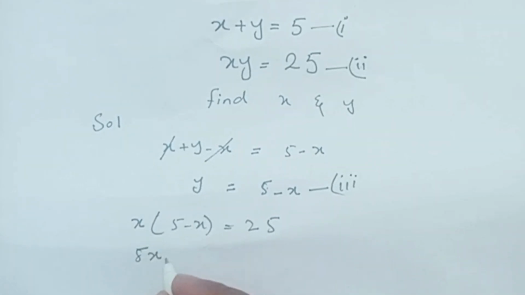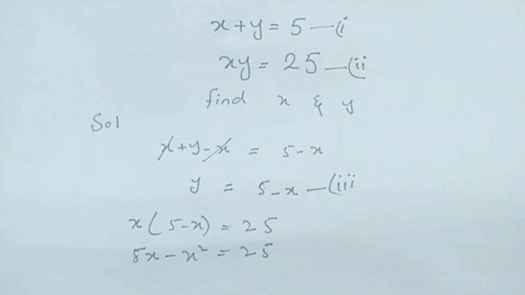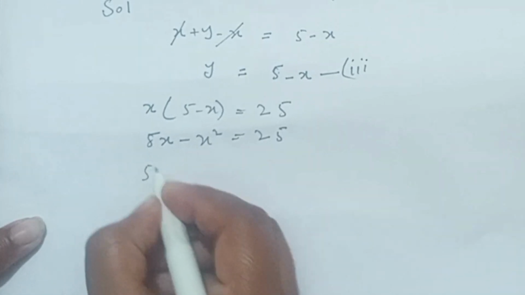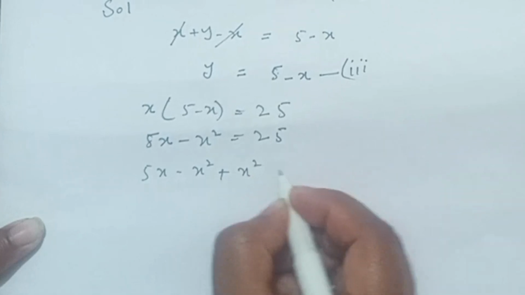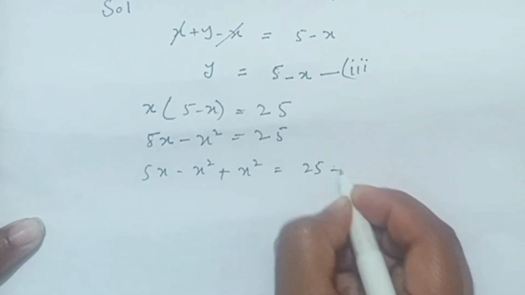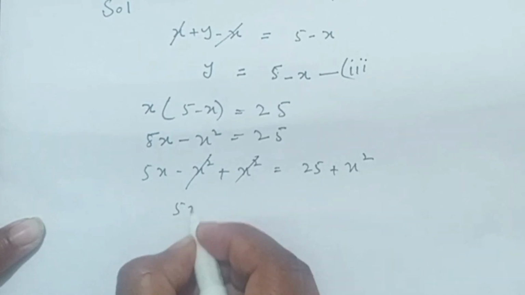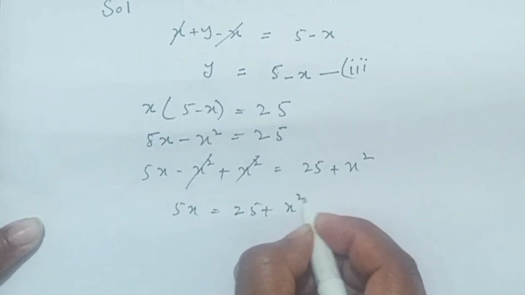Multiply this x by x, we get x square is equal to 25. Now we add x square on both sides of this equation. This will cancel. We just get 5 times x is equal to 25 plus x square.